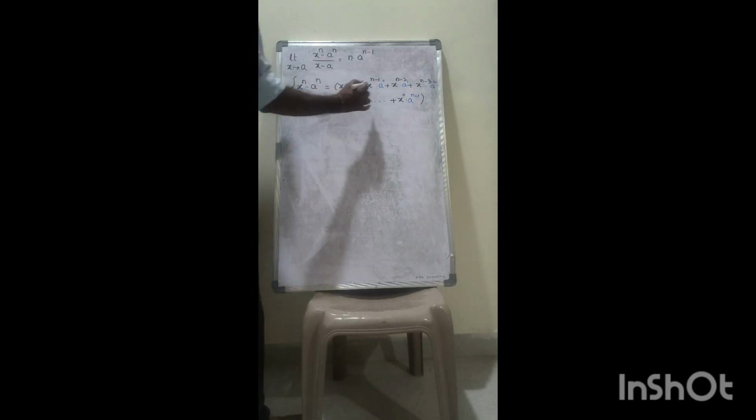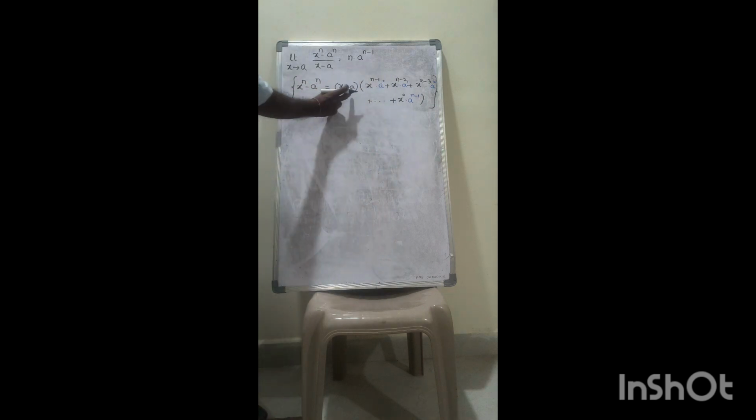This is how we can write the x power n minus a power n value. So this is what I am going to write in place of x power n minus a power n. Let me replace that in the limit, x tends to a.